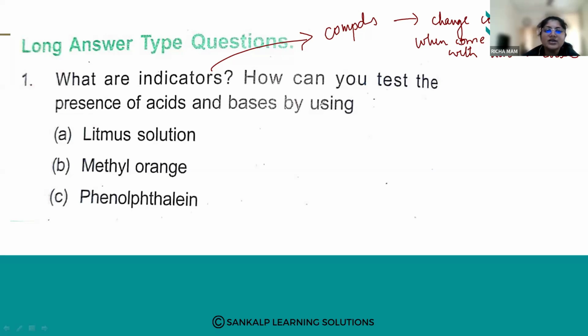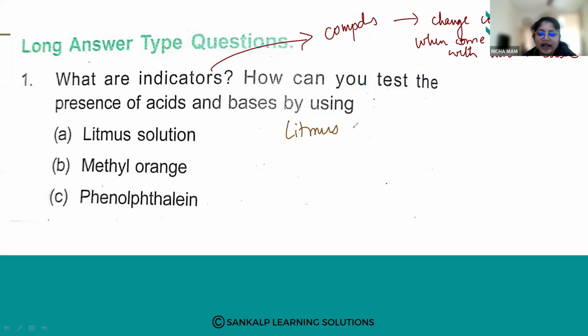How can you test the presence of acid and bases by using litmus paper? Litmus is like a purple dye. It is a solution.